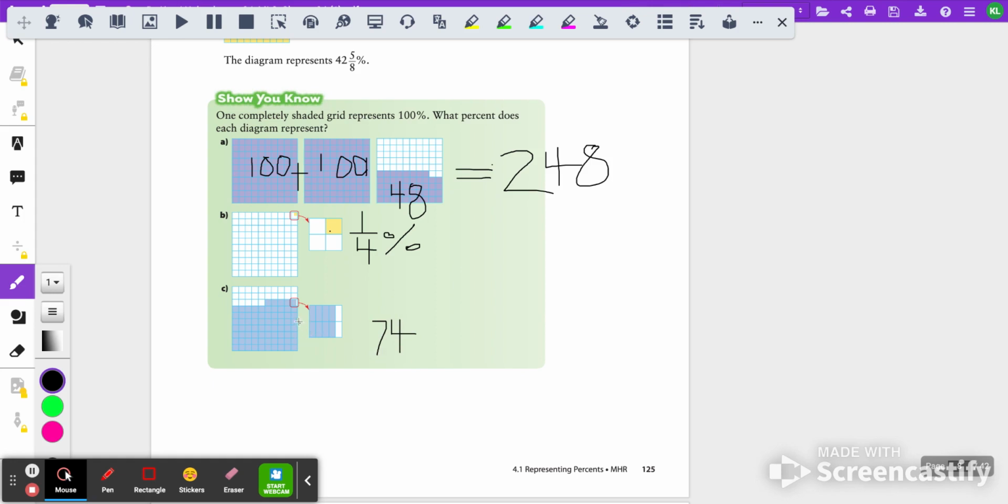So they've enlarged it to show me what it's out of and how much is shaded in. So I have broken it down into 10 squares in total. 8 squares are shaded in. We have 74 and 0.8%. We can have fractions in our percent now when only a fraction of the square is shaded in.